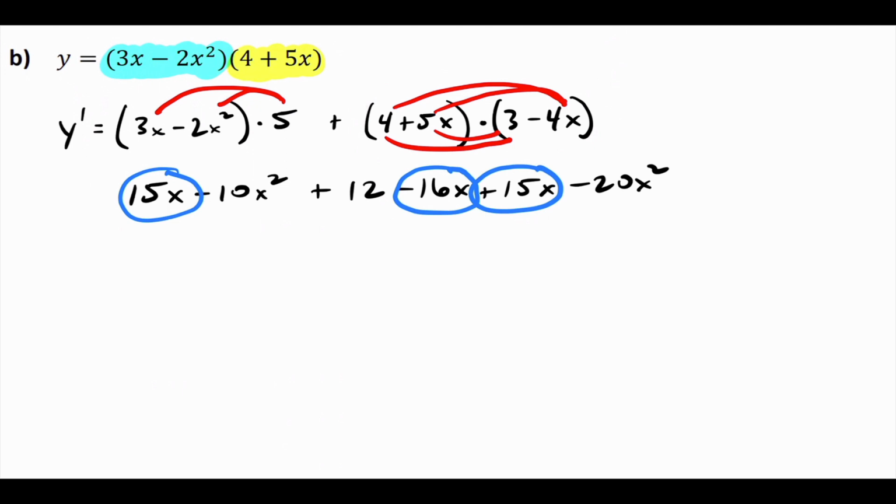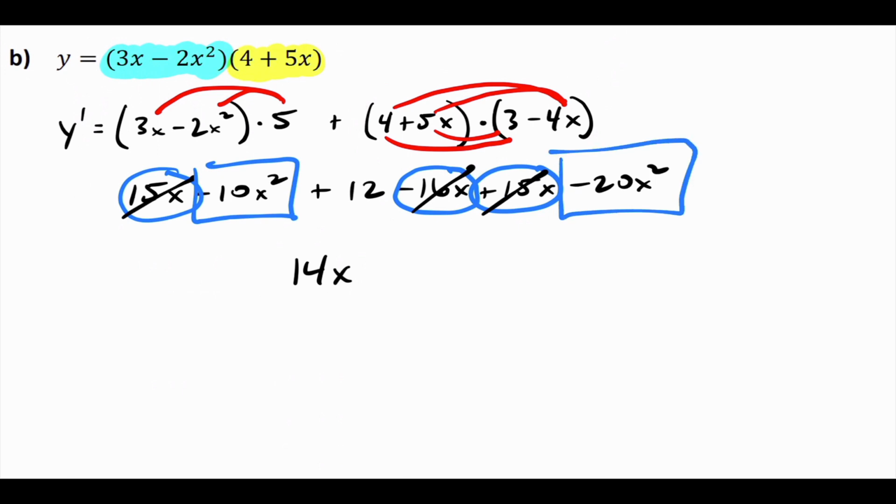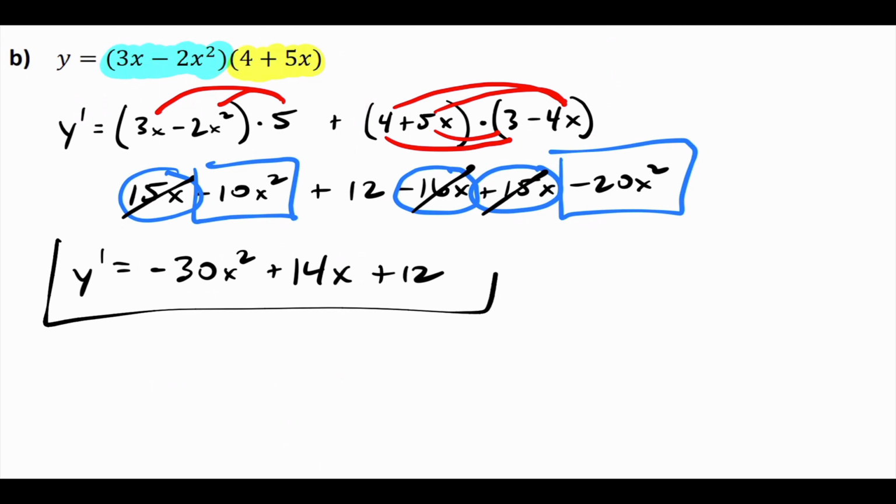So I get 14x. And then the x squareds. I probably should have done x squareds first. Negative 10 and negative 20 make negative 30, and then plus 12. That's the derivative.